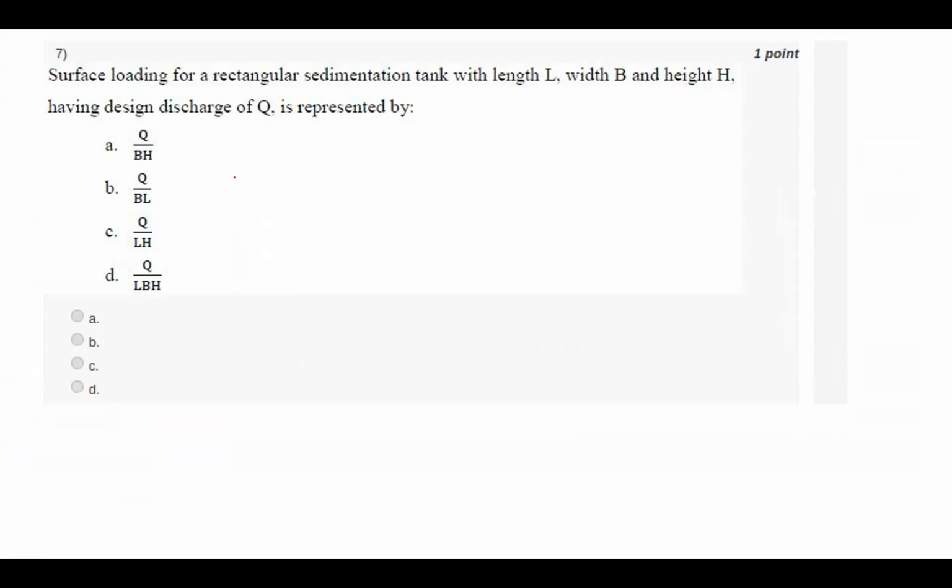Which will be suited to represent these parameters of a rectangular sedimentation tank: length, width, height, and discharge Q. Which one? So the answer is B, that is Q, discharge, divided by B, the width, and L, the length.